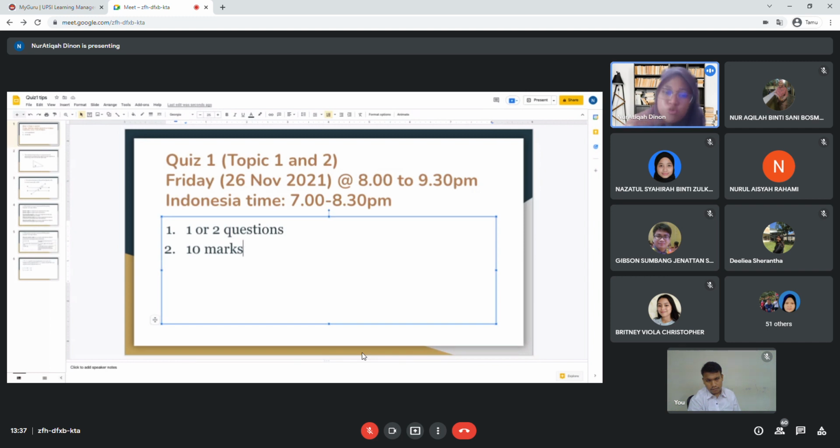I'm not sure whether the proof is about parallel lines or perpendicular lines. But if there is only one question, you can expect the two-column proof to have at least 8 to 9 steps, because it needs to give 10 marks.